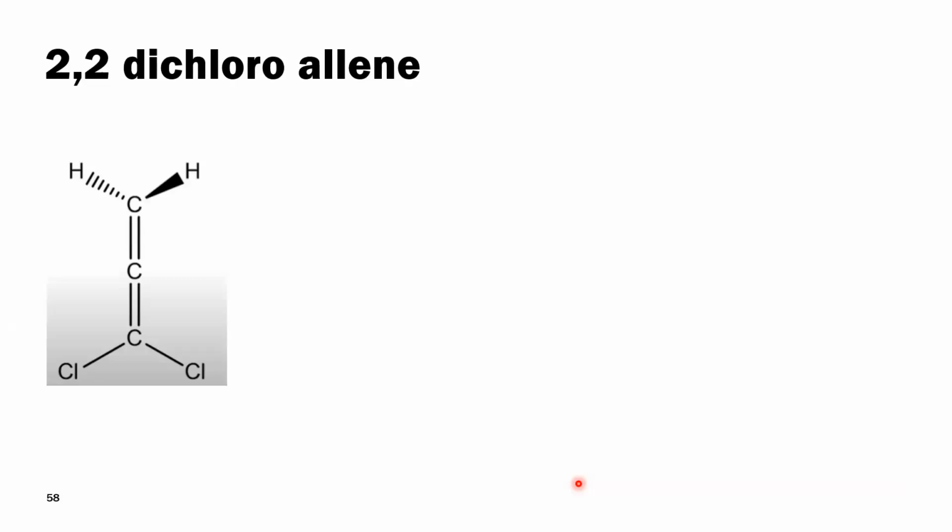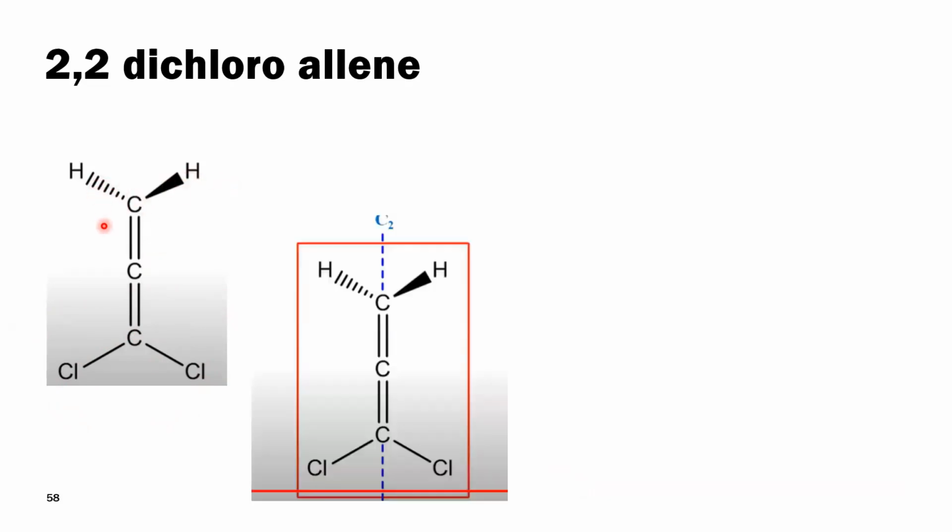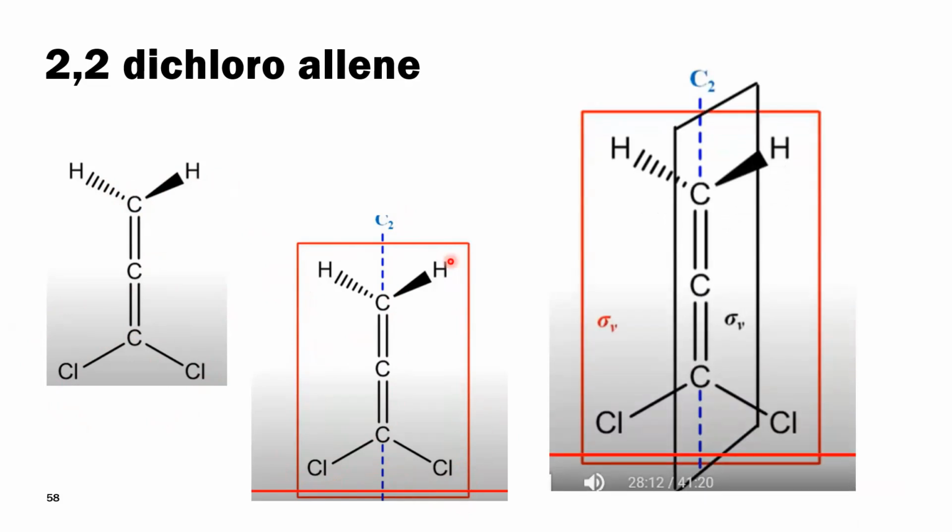Then the 2,2-dichloroallene. Now this is the plane of the paper. This is coming out and going inside the plane of the paper. So here this gives a C2 axis, right? Along this there is a C2 axis. And it contains the mirror plane also. So there is one sigma V and another sigma V which bisects this chlorine-chlorine bond.